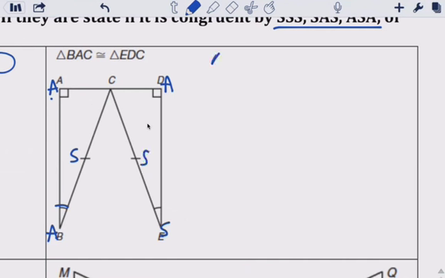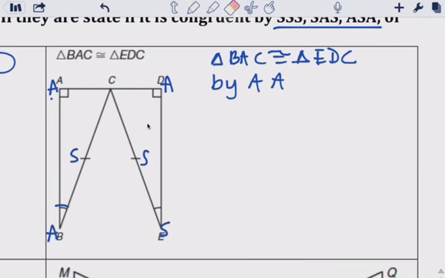So triangle BAC is congruent to triangle EDC by angle, angle. I'm sorry, this was a side. Write S instead. Side.